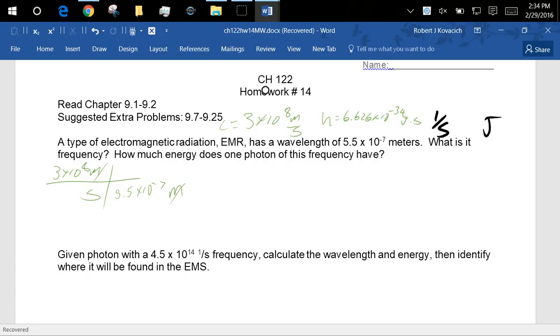So now my meter is going to cancel out. The only unit I have left is 1/seconds. So I've got 3e8 divided by 5.5e negative 7, and so I get 2 sig figs. I get 5.5 times 10 to the 14th.